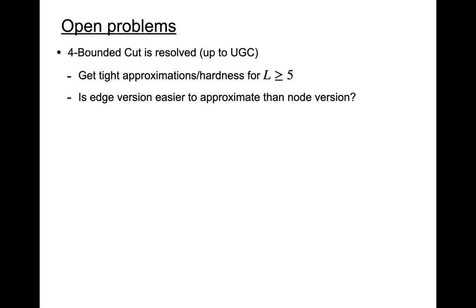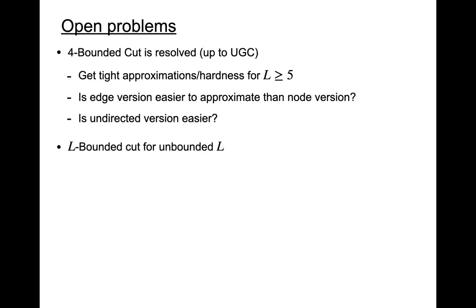And it's an interesting question whether the edge version is easier to approximate than the node version. We don't know. We know it's not true, assuming UGC, for L equals 4, but it could be true in general. We don't know if the undirected version is easier than the directed version, so that's also worth exploring.